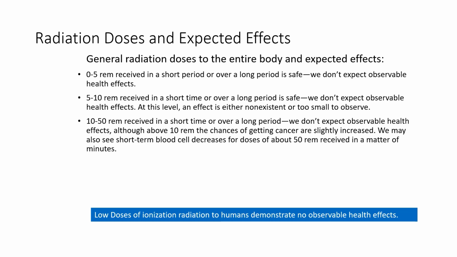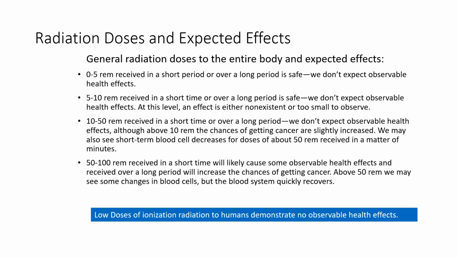We may also see short-term blood cell decreases for doses of about 50 REMs or above 50 REMs received in a matter of minutes. 50 to 100 REMs received in a short period of time will likely cause some observable damage or health effects. Above 50 REM, we may see some changes in blood cells, but the blood system quickly recovers.